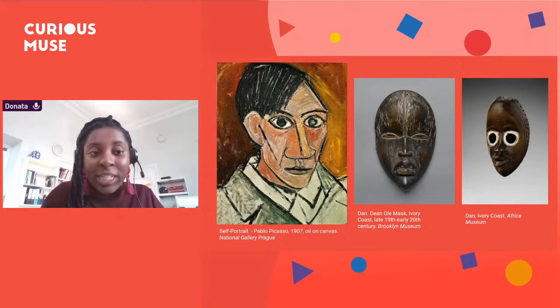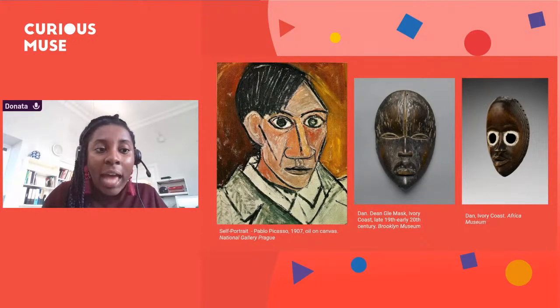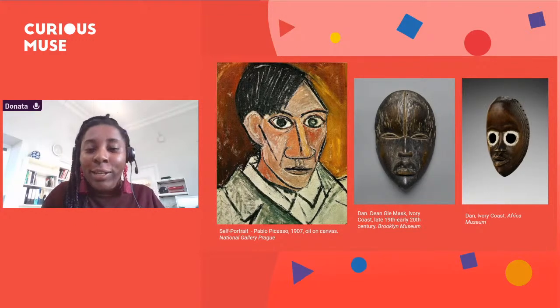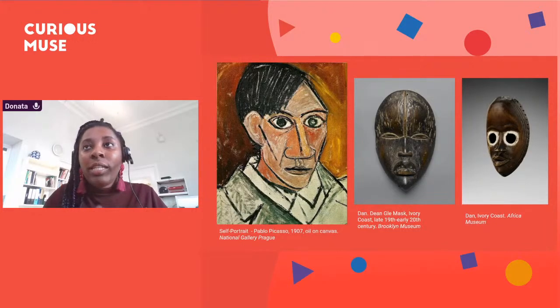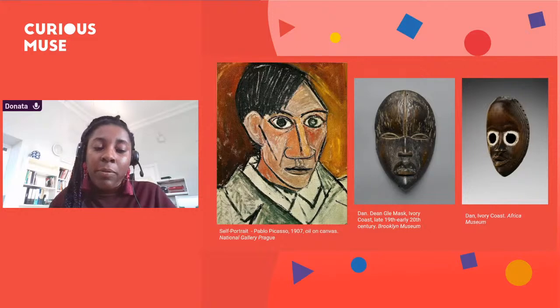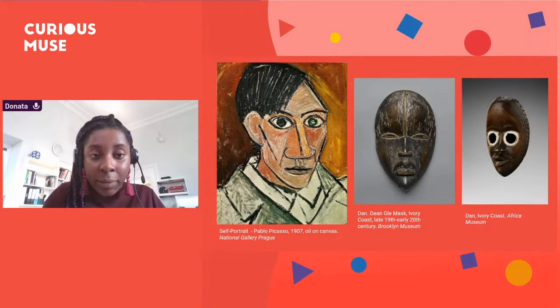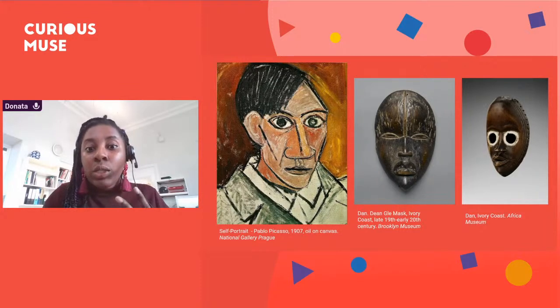So Henri Matisse showed Picasso that mask, and he wasn't an instant convert to African art. He actually did a visit to the Trocadero Museum of Ethnology, which is now the Musée de l'Homme in France. And that was when real inspiration hit.